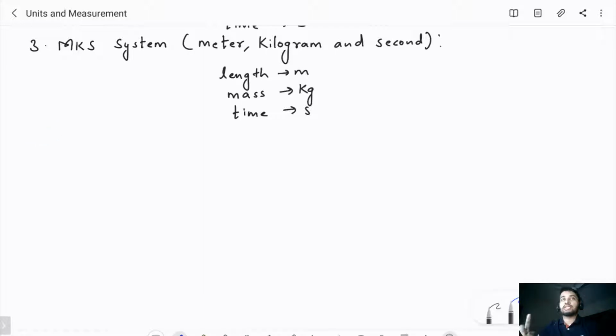SI units is the International System of Units. Actually it stands for System International, but for our understanding purpose we can call it the International System of Units.